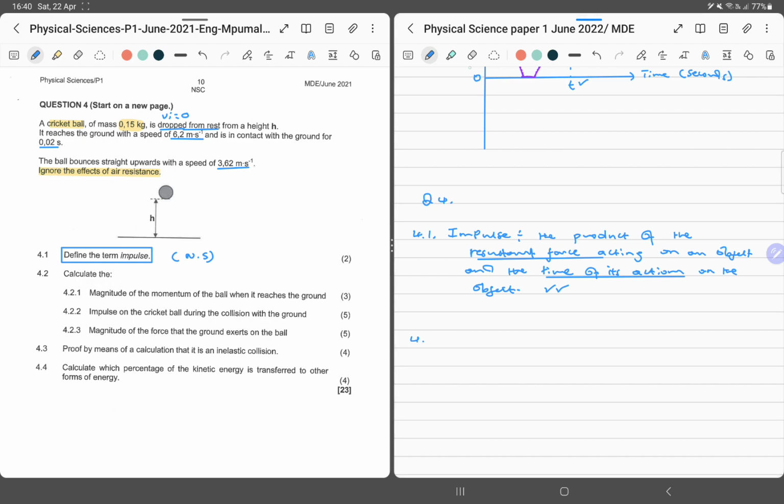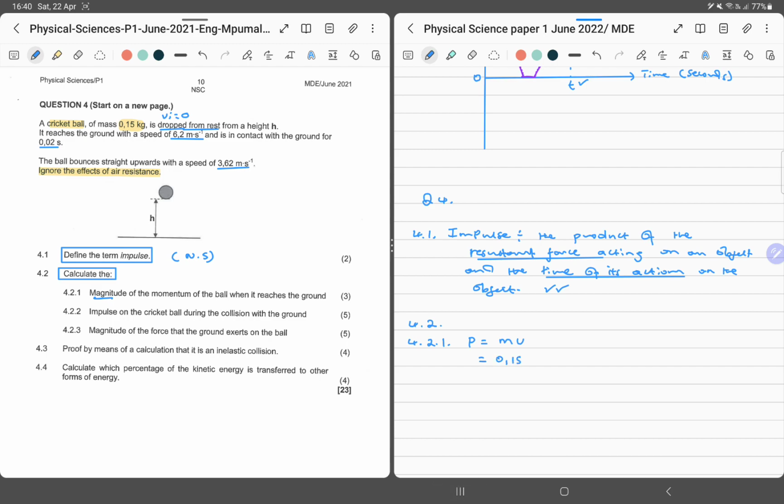So 4.2 says calculate the magnitude of the momentum of the ball when it reaches the ground. Simple. So 4.2.1. We know that momentum is mass multiplied by velocity. And then, of course, we're choosing downward as positive this time around.